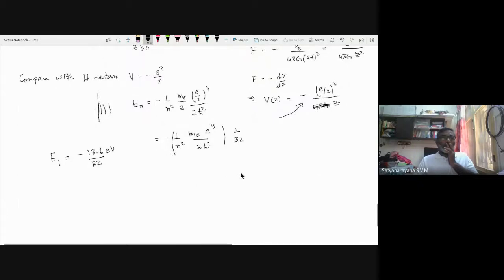Now let's try to ask a question. Suppose we put this hydrogen atom in a magnetic field.